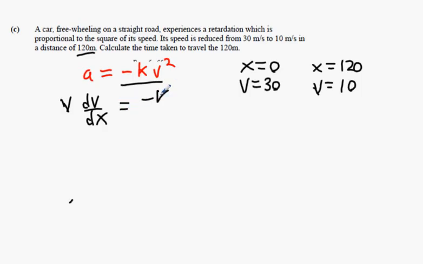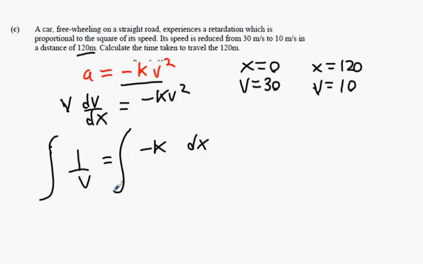So a equals minus kv squared. It's going to be v dv over v squared equals minus k dx. v over v squared is 1 over v. I'm integrating a log. 1 over v is going to be a log when I'm done.